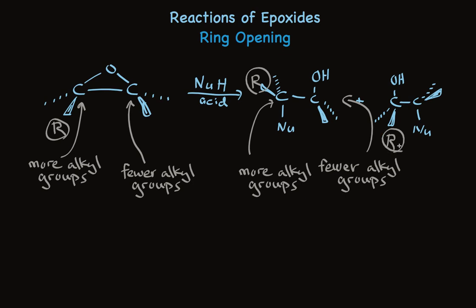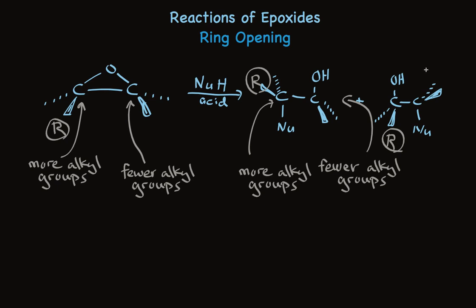Now I can tell you that the regiochemistry here is what you would predict from acid catalysis, where you had ring opening before the nucleophile adds. The carbon that has more alkyl groups is the carbon to which the nucleophile will add. This regioselectivity is just the opposite of what we saw with the straight nucleophiles and no acid catalysis.